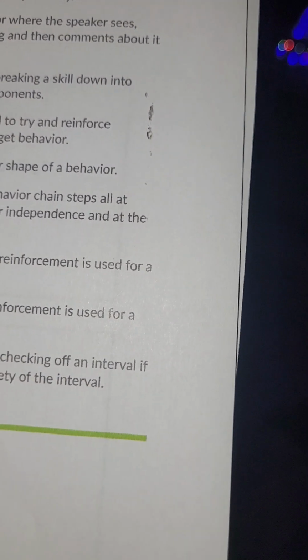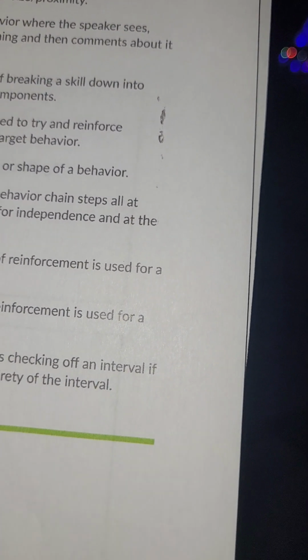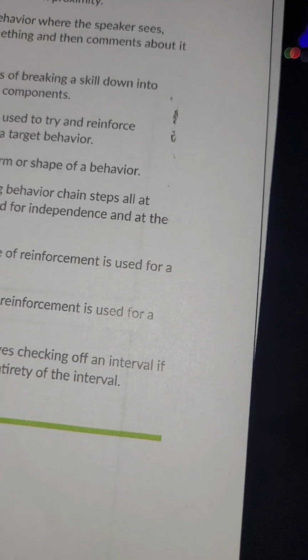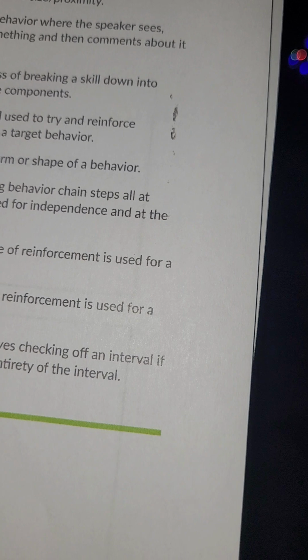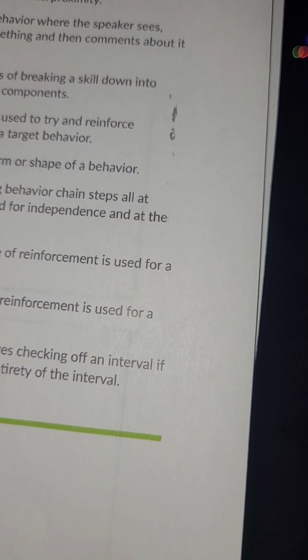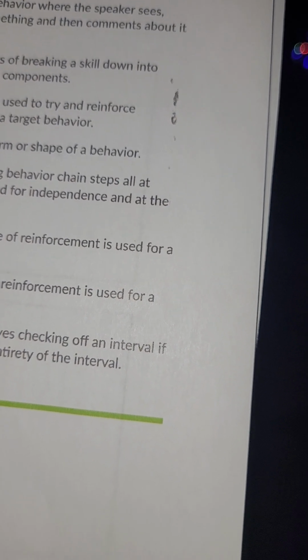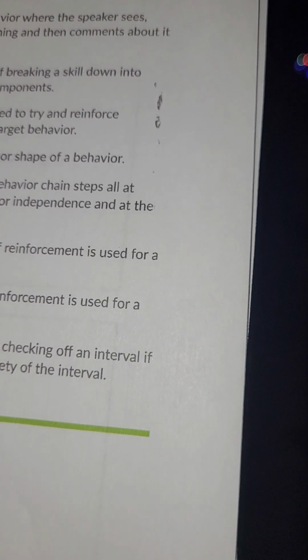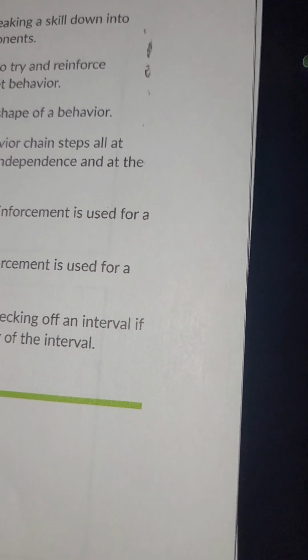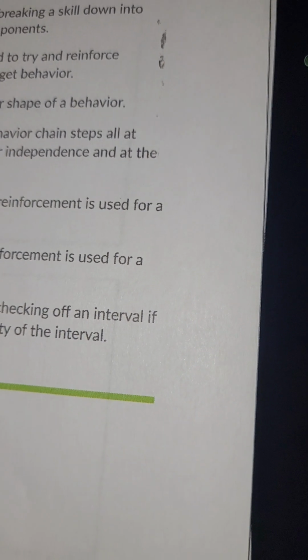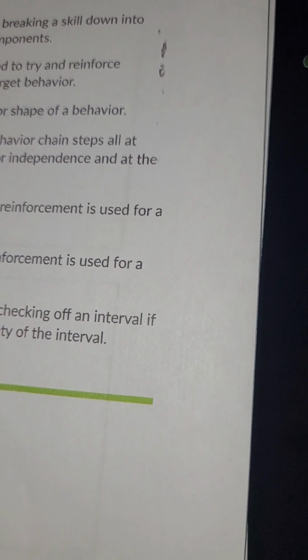Total task chaining: teaching behavior chain steps all at once, reinforcement delivered for independence and at the end of the task. Variable interval, VI: this schedule of reinforcement is used for a variable amount of time.